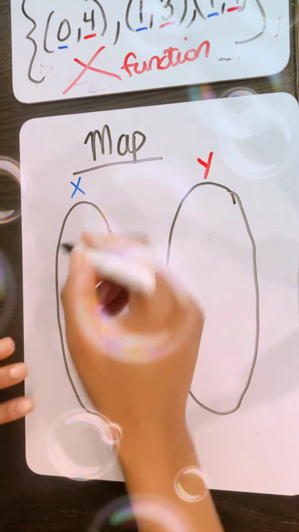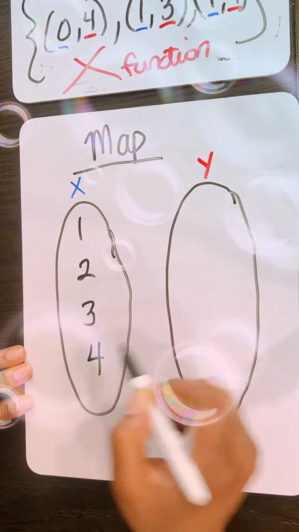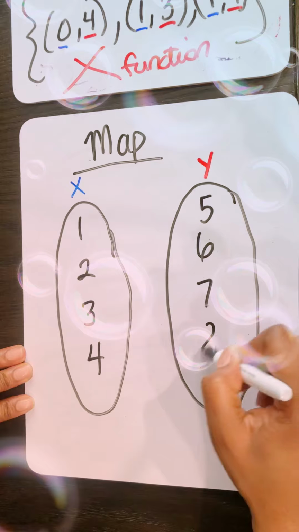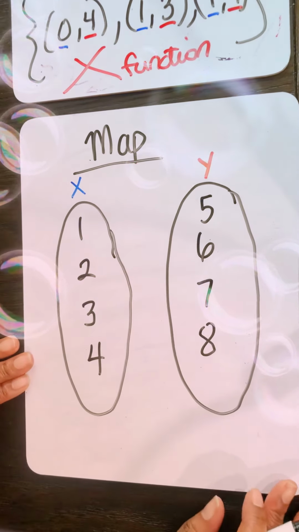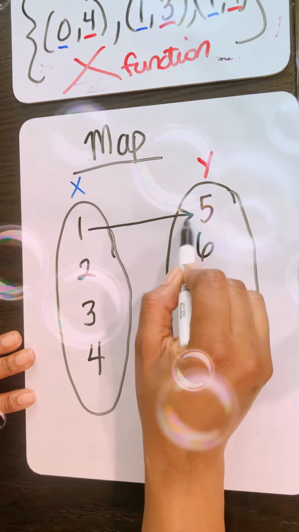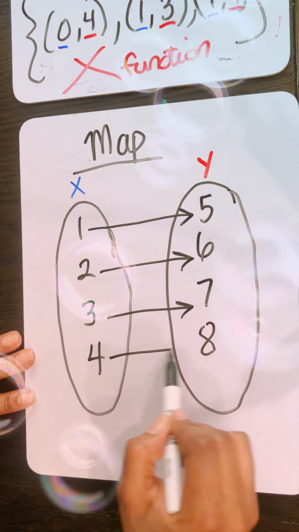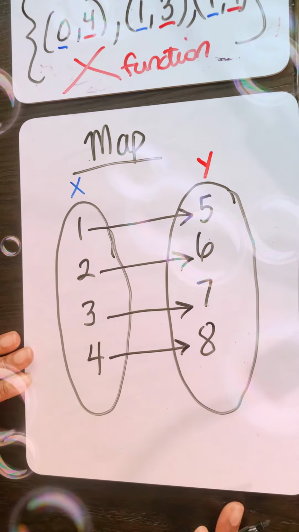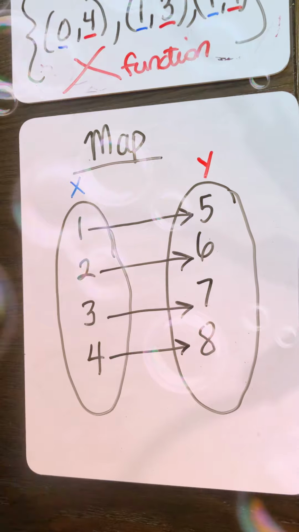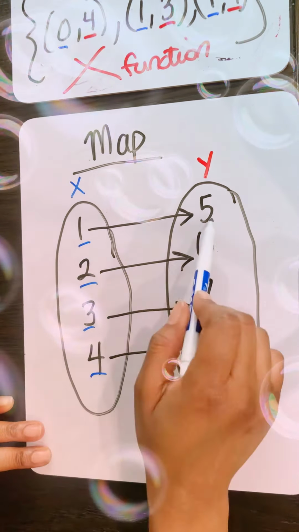So let's say we have inputs 1, 2, 3, 4, and then we have outputs 5, 6, 7, 8. So how do we know which input goes with what output? We're actually going to be using arrows to indicate that they are a set, okay? And so we know that this is a function because once again, each input has its own output.